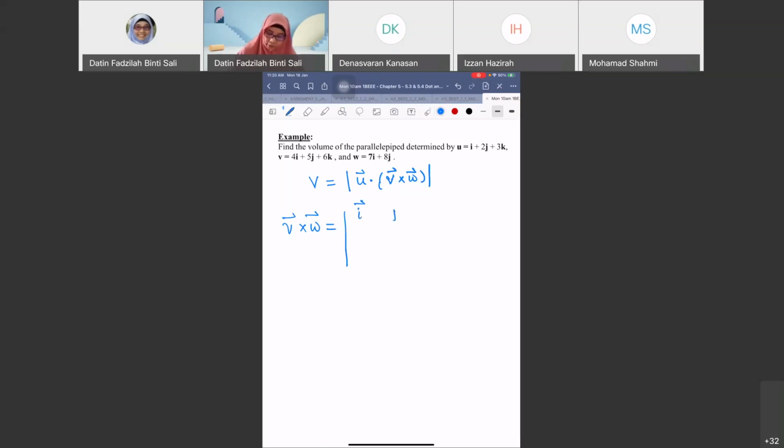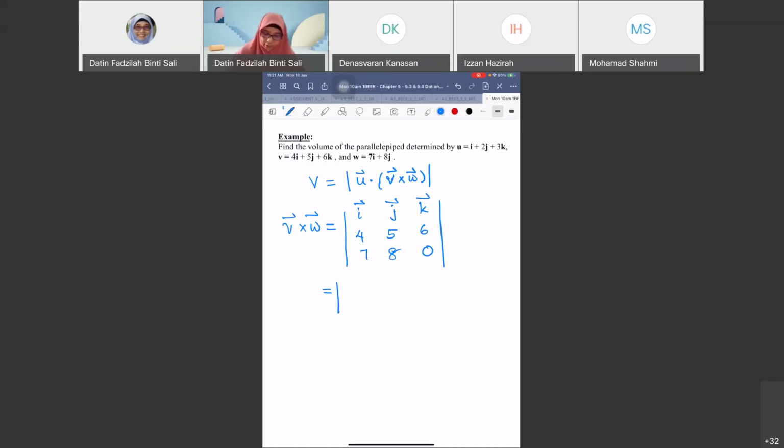Okay, so again, your I, J, K. All right, and then V component: 4, 5, 6. W: 7I plus 8J, no K. So that means 7, 8, 0. All right, so maybe I'll straight away write this, if you don't mind.